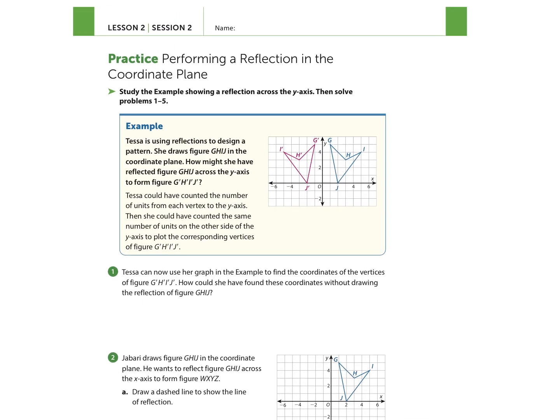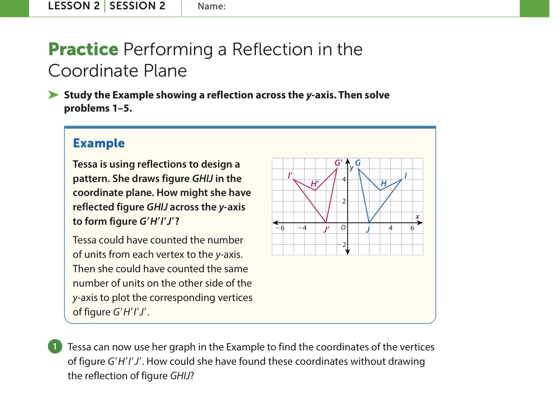So here we have an example of a reflection over the y-axis. We had our pre-image here in blue. It was reflected across the y. It moved to the left. So we were in quadrant 1, where everything was positive.